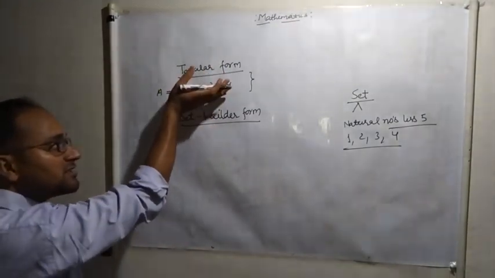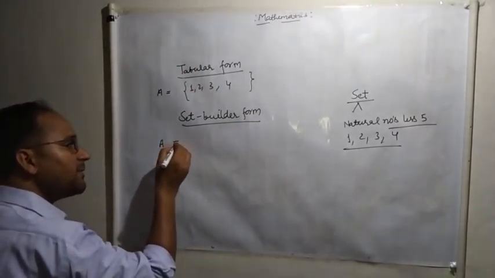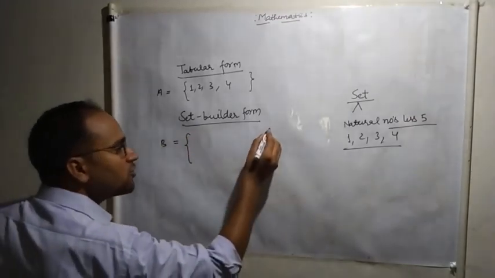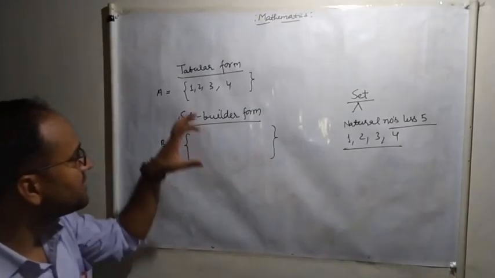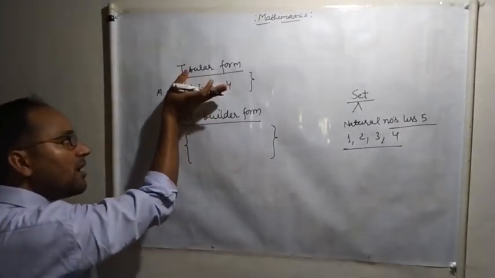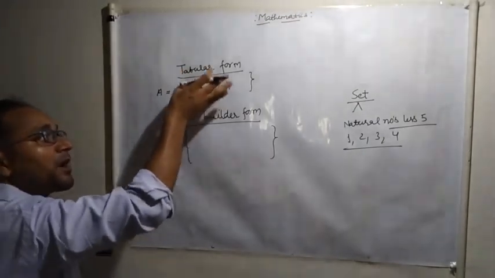And how to write this in set builder form? Same as it is, I will take B for this. It is also written in curly brackets. In set builder form, this information is compared with an unknown quantity with this property.